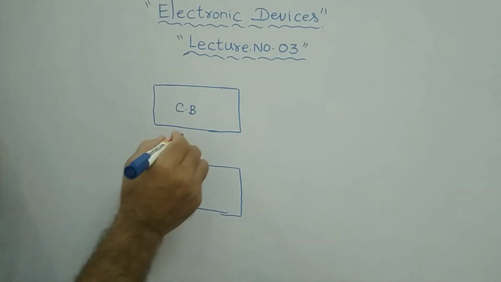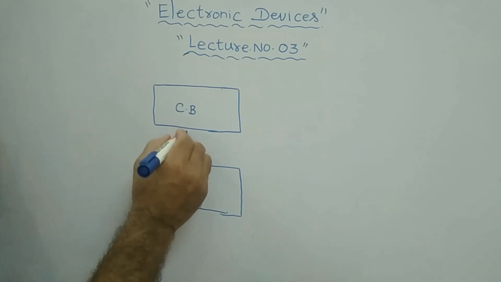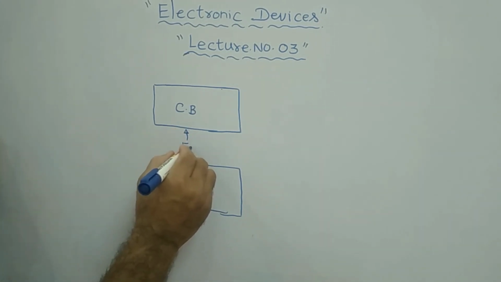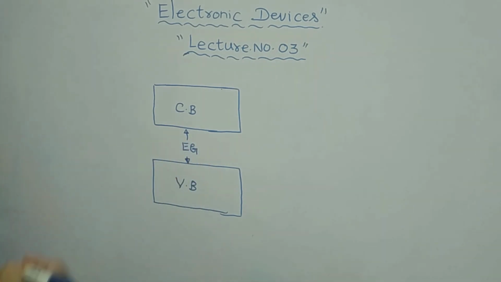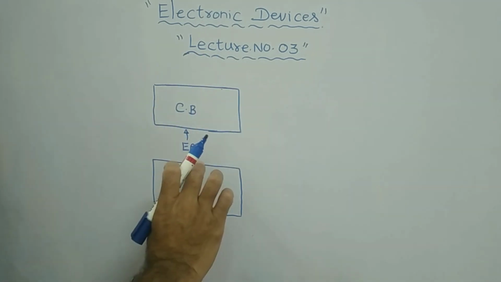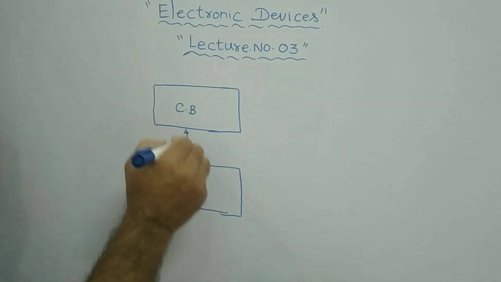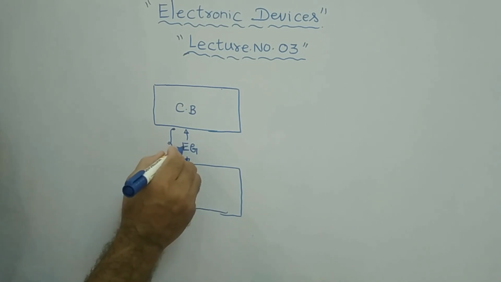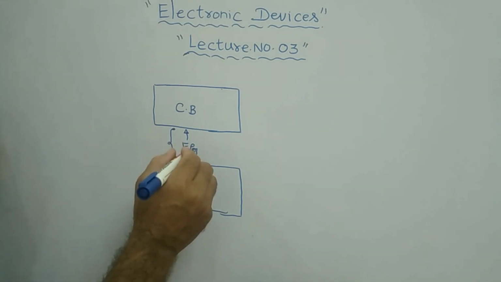The gap between these two is called Eg, which is the energy gap or energy band.